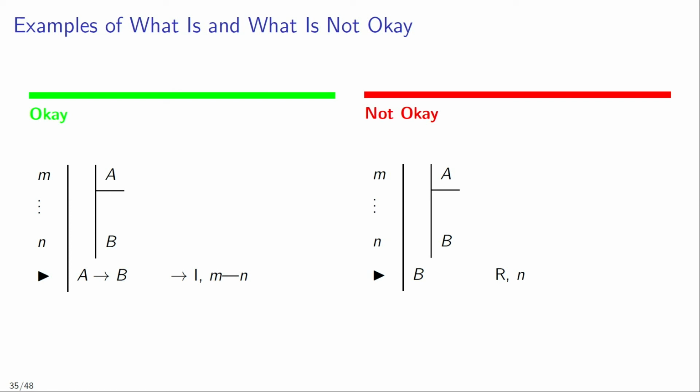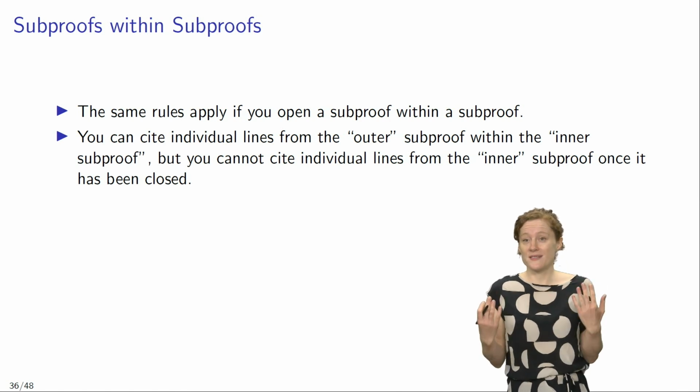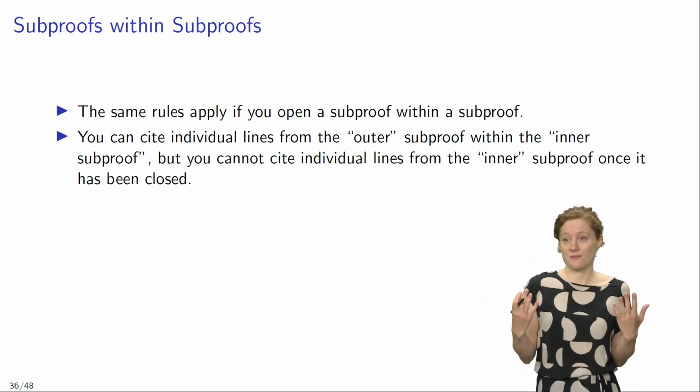So you may observe that when we look at the correct use of a subproof, we are citing the entire subproof from line M to line N. When you look at the incorrect use of a subproof, here we are citing only one line from within the subproof, namely line N. And that is not okay. So let's cross this out. Never do this.